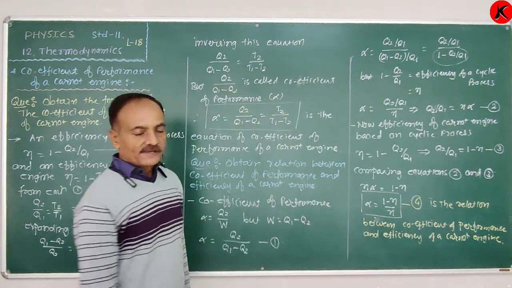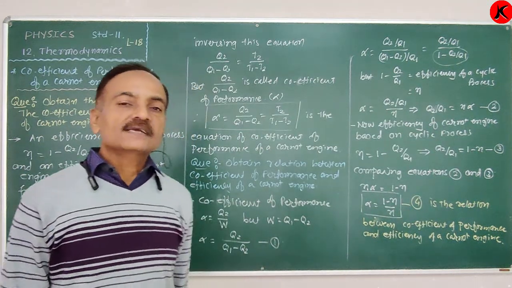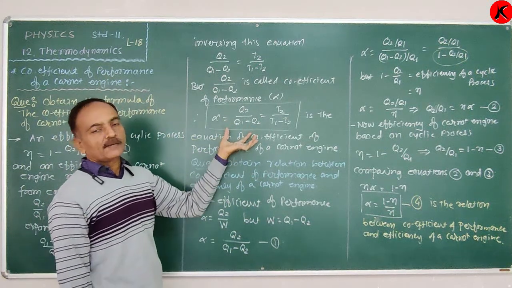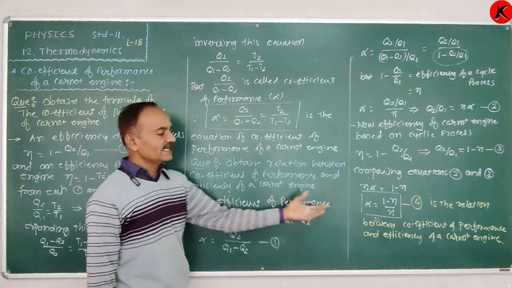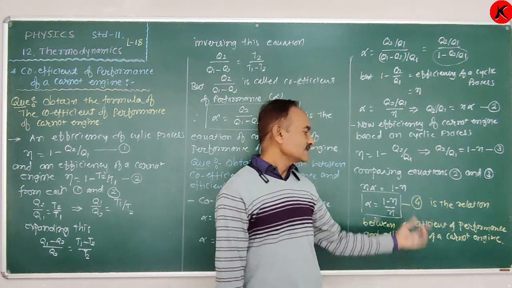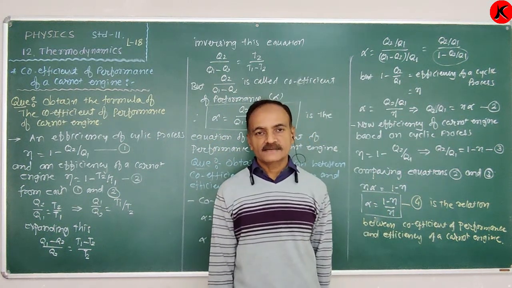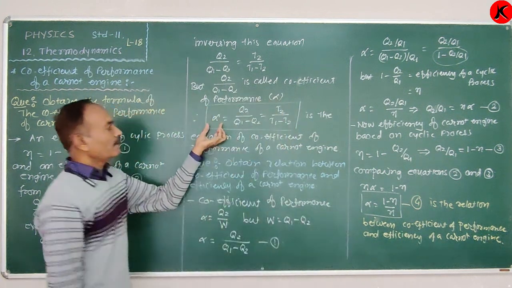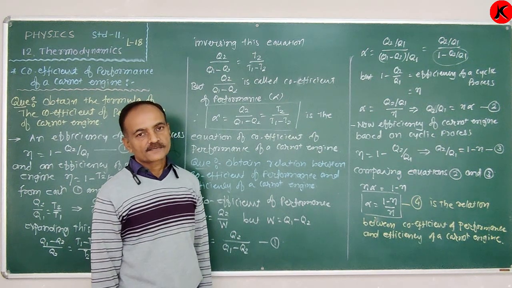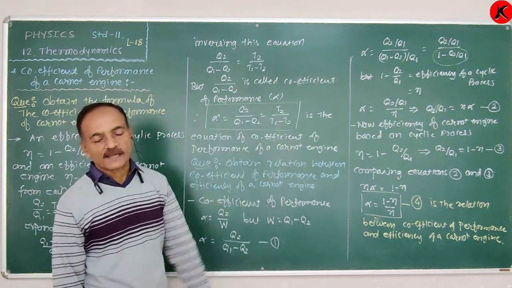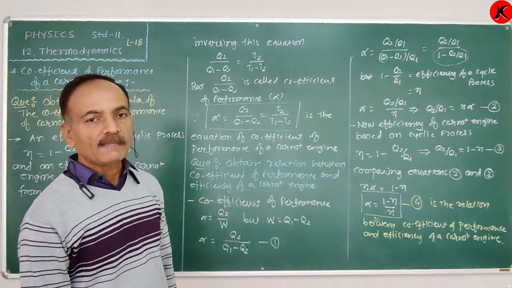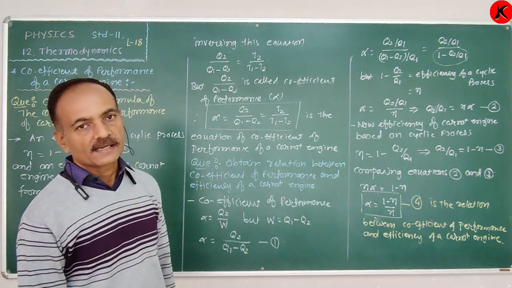Thus, we obtained two important equations for the Carnot engine. One is the coefficient of performance of a Carnot engine, and the second is the relation between the coefficient of performance and the efficiency of a Carnot engine. The coefficient of performance alpha is equal to T2 upon T1 minus T2, while the efficiency of a Carnot engine N is equal to 1 minus T2 upon T1.